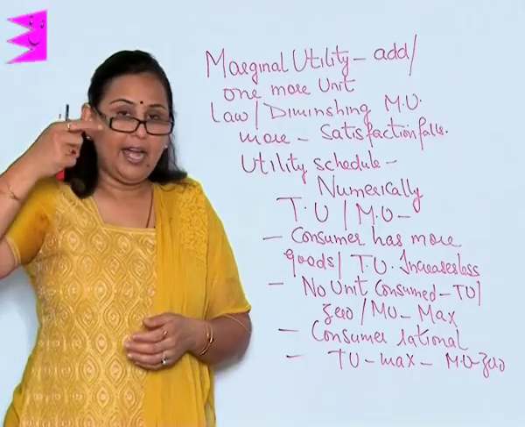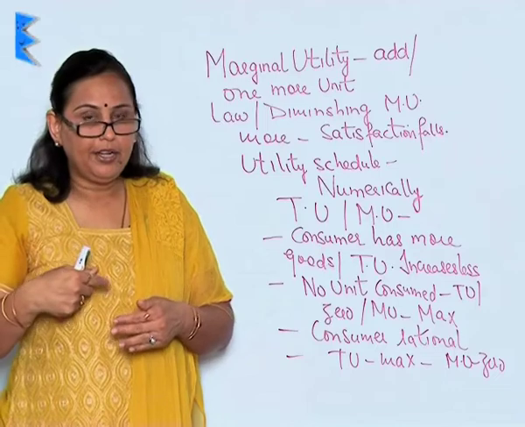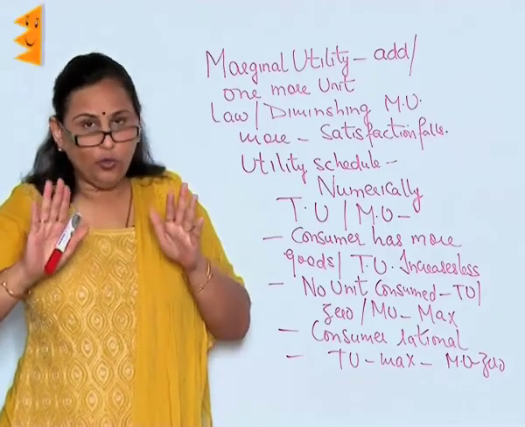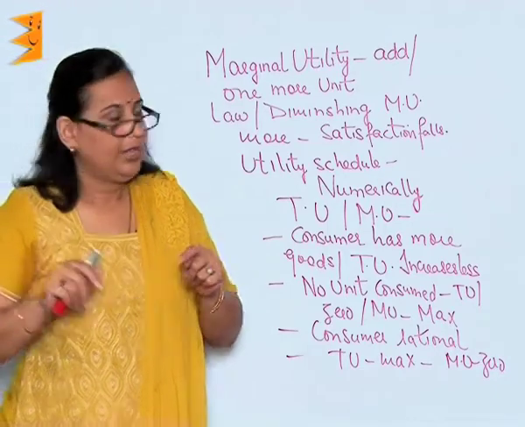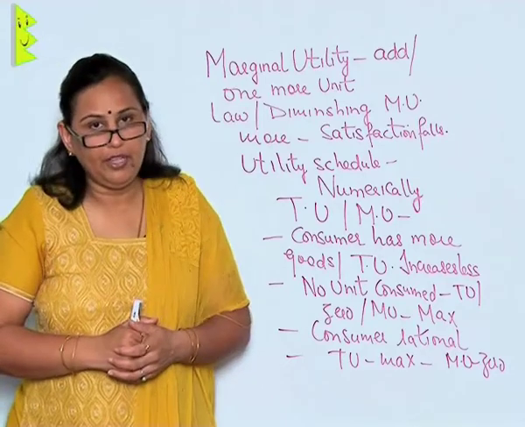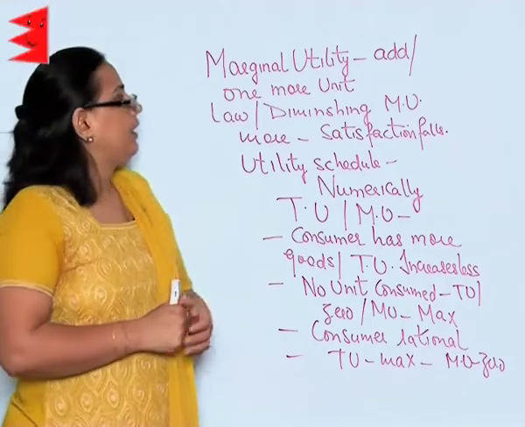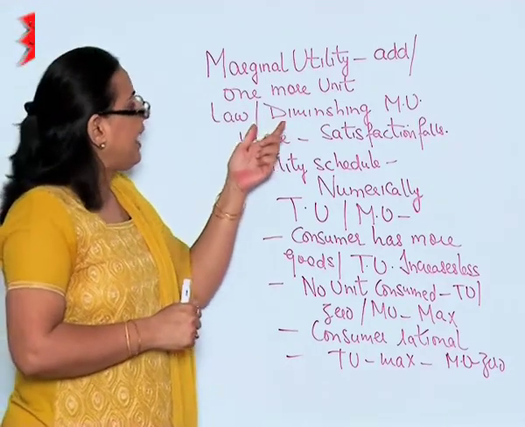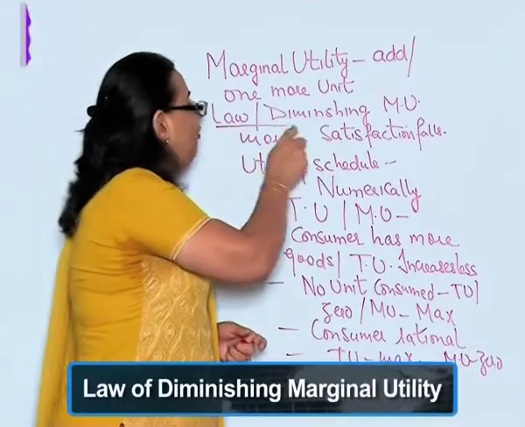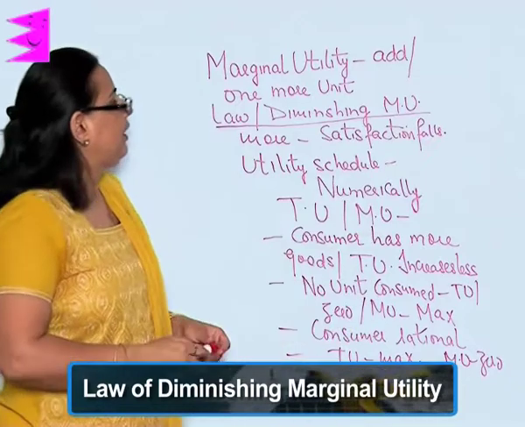That is, I am adding on one more unit to the units that I have consumed and require. So, the satisfaction that I will get will not be of that level.